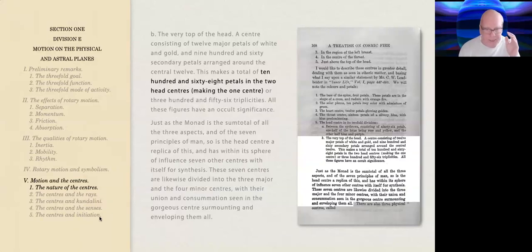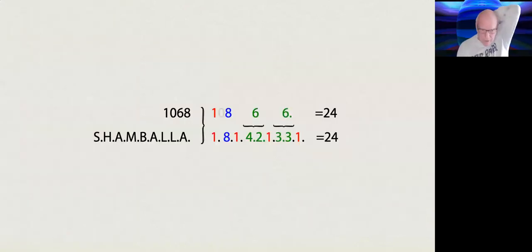We've determined that the 1,068 petals and the 2 head centers, which adds to 24, is related to the numerical value of the word Shambhala, which also adds to 24, and that possibly this relationship is at least in part due to the fact that they both represent head centers. One of the individual, that's this top one, the other of the planetary head center, right?